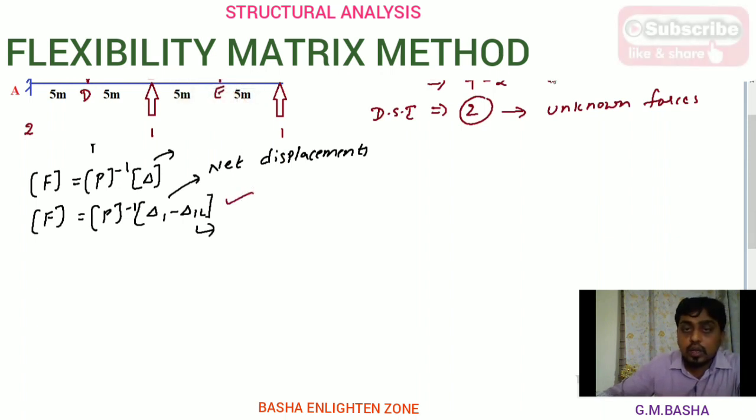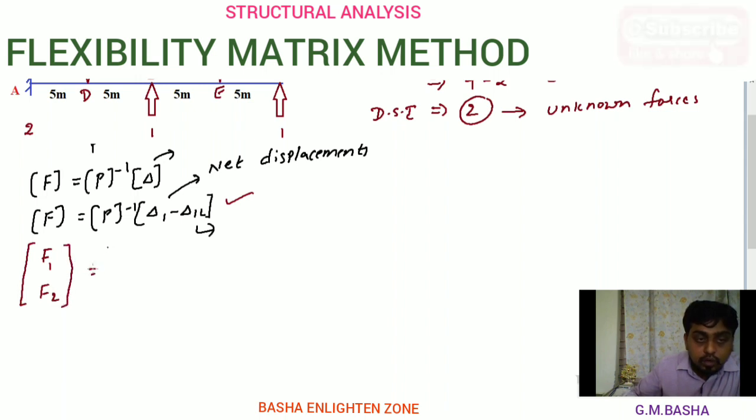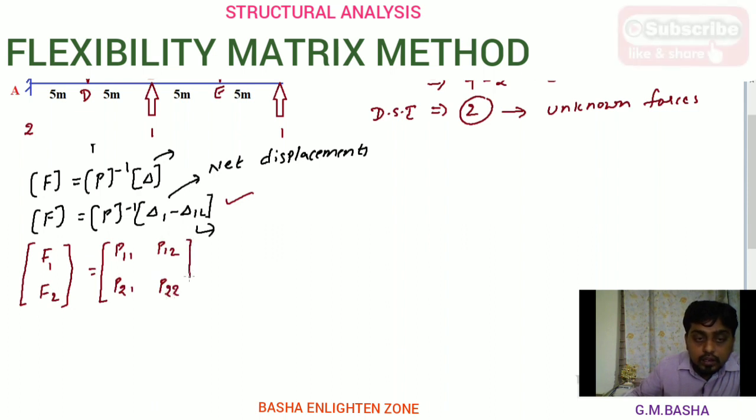But here you will get two unknown forces. Therefore, I am simplifying this in the form of 2 by 2 matrices. F1, F2 are the two unknown forces, and that will be equal to P11, P12, P21, P22. Again, take down, this is in the form of inverse.